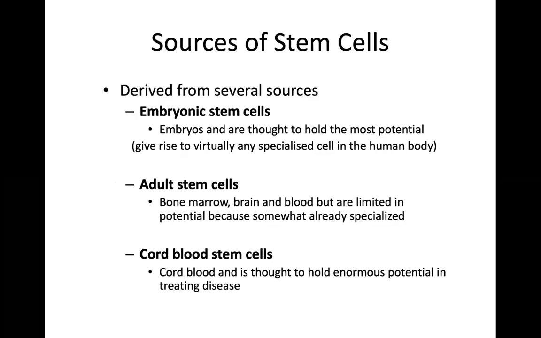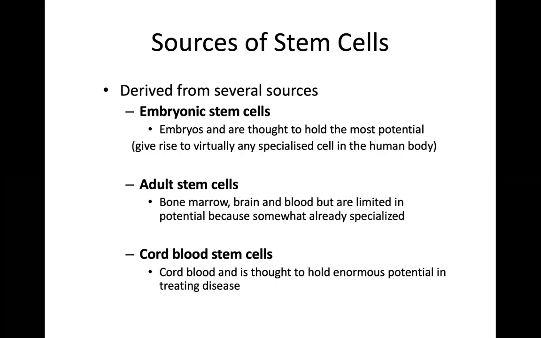So, some sources of stem cells, and then we're going to come back a little bit later. They're derived from several sources. So they can come from embryonic stem cells. What word do you see in there? Embryo. What's an embryo? They give rise to any specialized cell.